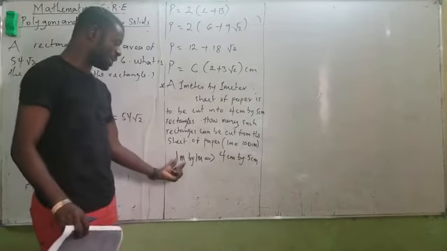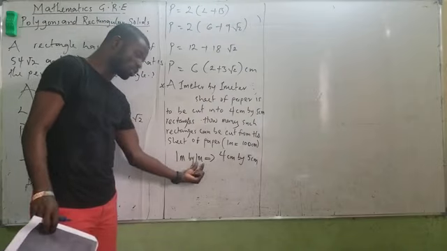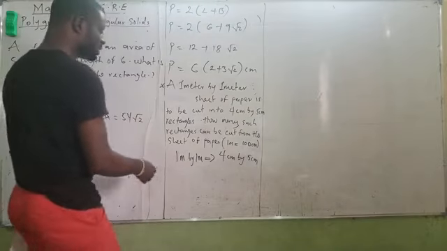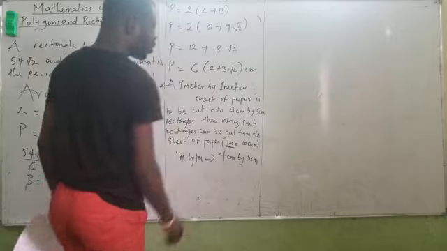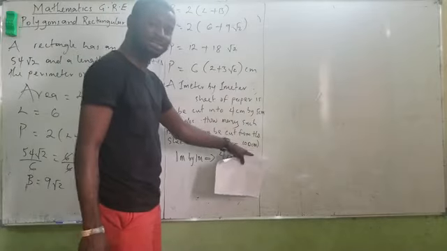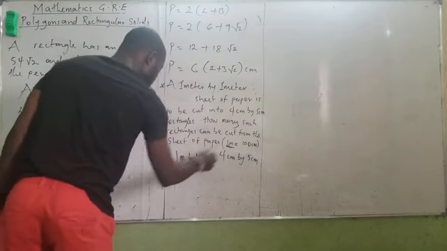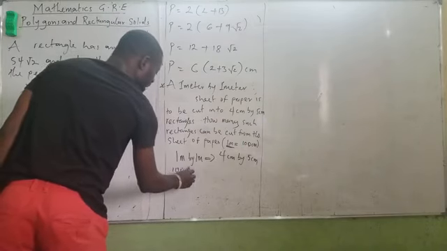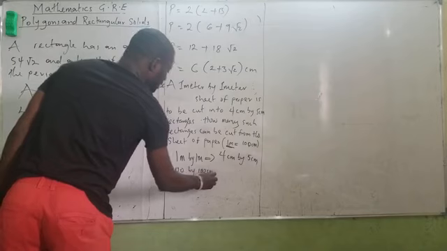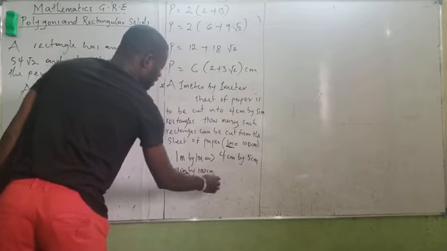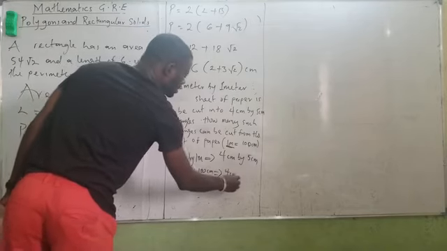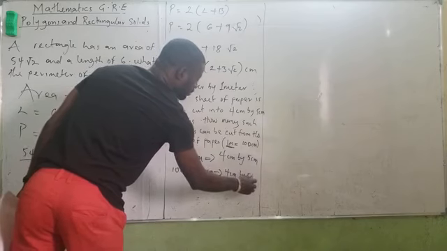The unit must be equal. It was established that 1 meter equals 100 centimeter. Since this equals this, 100 by 100, they are all in centimeter, it will be implied 4 centimeter by 5 centimeter.